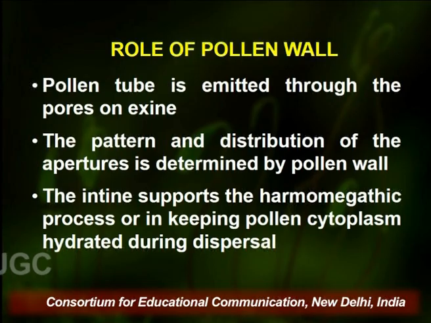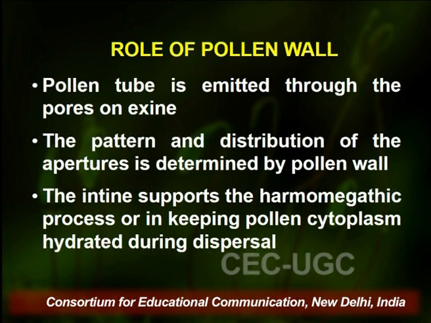The pollen tube is emitted through the pores which are present on the exine. Exine is again the outer portion of the pollen wall. So the pollen tube will emerge only through the apertures or the pores which are present on the surface of the exine.